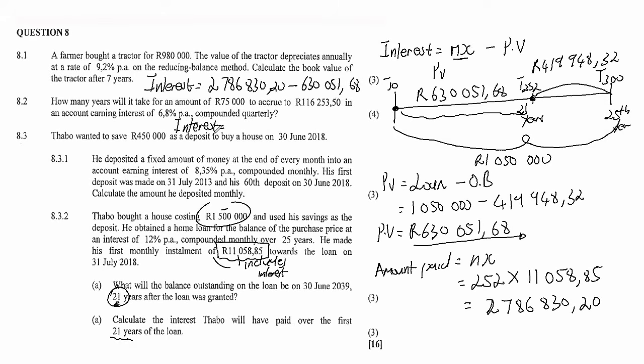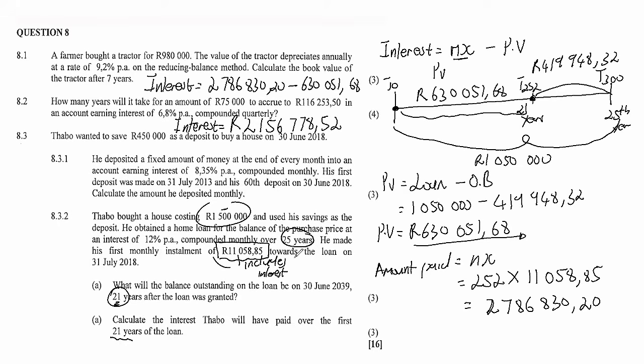Now we find that the interest is equal to 2,156,778.52. So now you can see that the interest is almost twice the amount that he actually borrows from the bank. So note that this is paid over a longer period, that's 25 years.